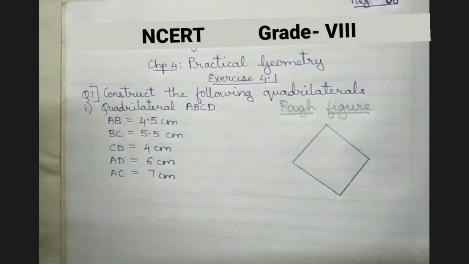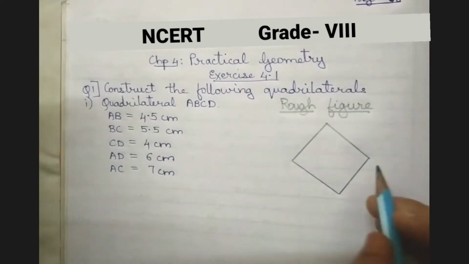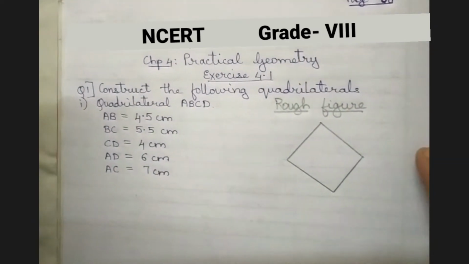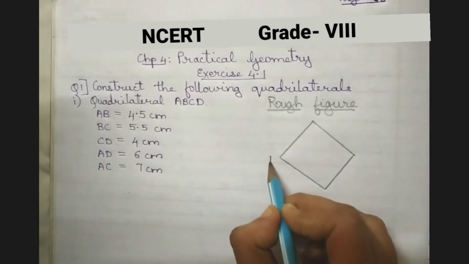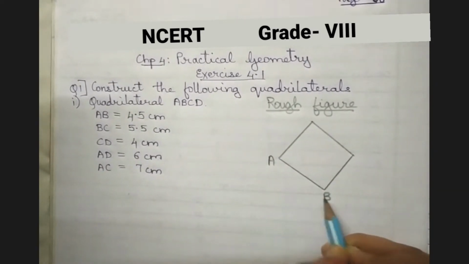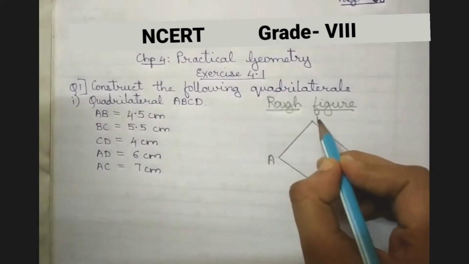This rough figure can be of any measure. It need not be perfect. Only thing is use a scale while drawing this figure. So I will name it A, B, C and D.